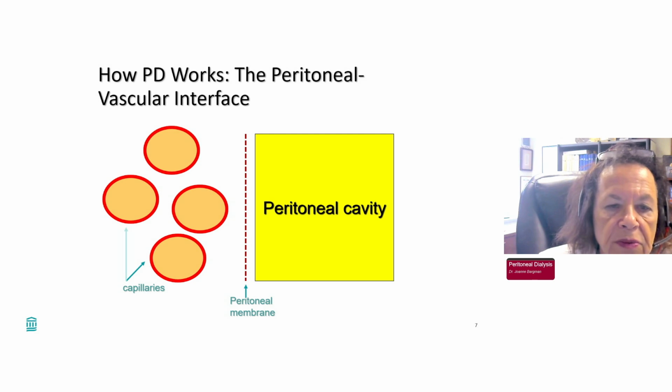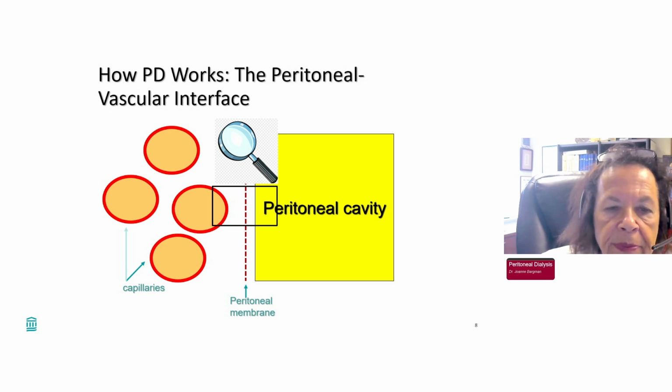If you look at the peritoneal cavity on the right, the capillaries that perfuse the peritoneal cavity comprise the vascular compartment, and that is on the left. And it is separated by the peritoneal membrane. Now let's zoom in a little bit on this interface between the dialysate compartment on the right and the blood compartment on the left.